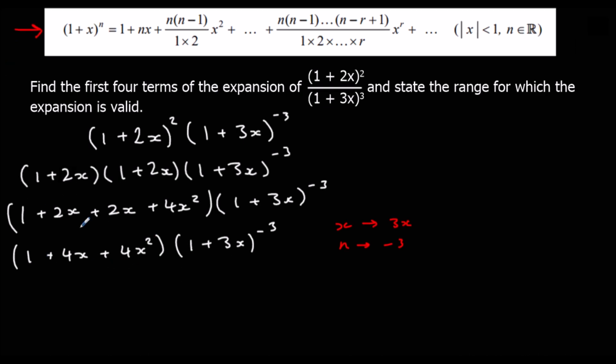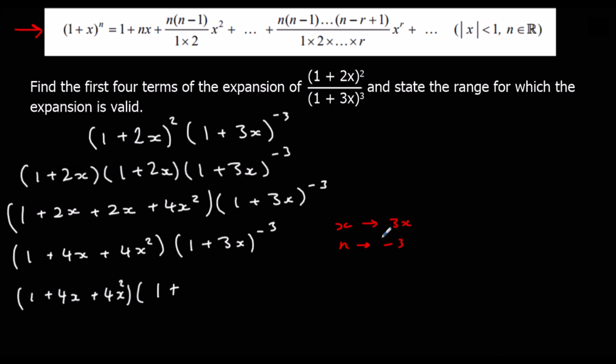So we're leaving this one here. That's not going to change. We're expanding this. We've already got it in the form 1 plus something to the power of something. So we can just start expanding. So we've got 1 as the first term, plus n times x.